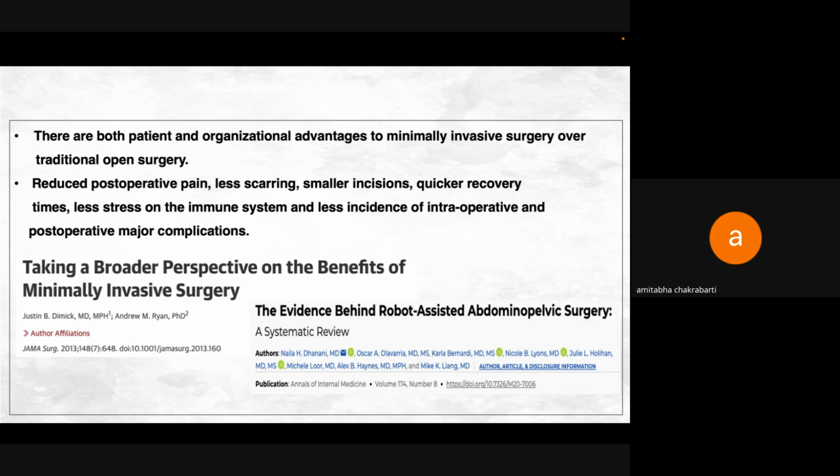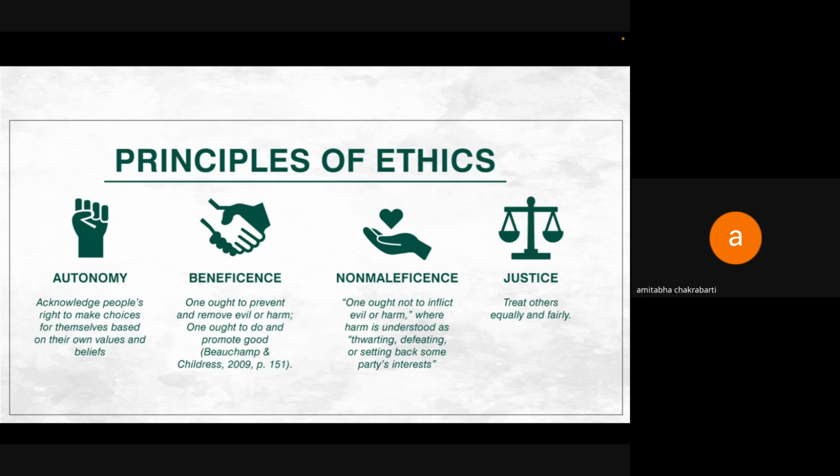And there are multiple papers coming out, the systematic review coming out, and at least it has been proved there are some advantages. And when comparing with the thoracoscopic surgery, these are non-inferior till date and superior to the open surgery. Now comes the principle of ethics.